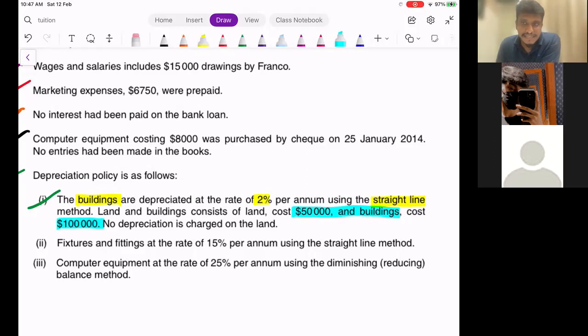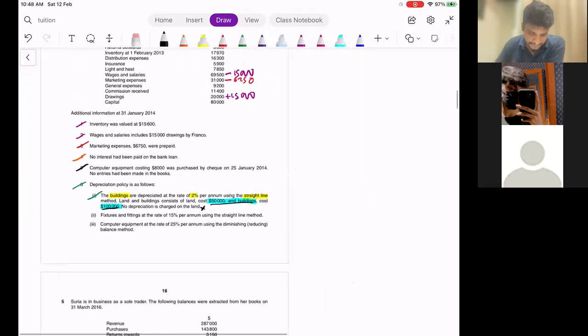So now you need to calculate the depreciation for the land or for the building or both. No depreciation is charged on the land. So for the land, you cannot calculate depreciation. You calculate depreciation only for the building. Understand or not?